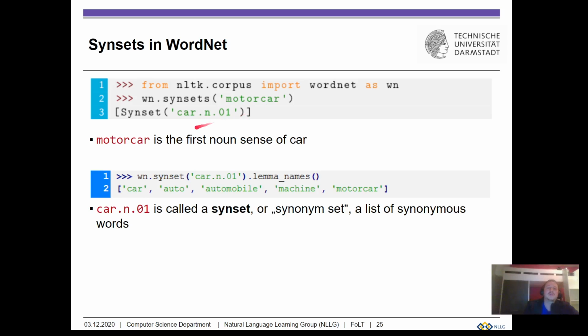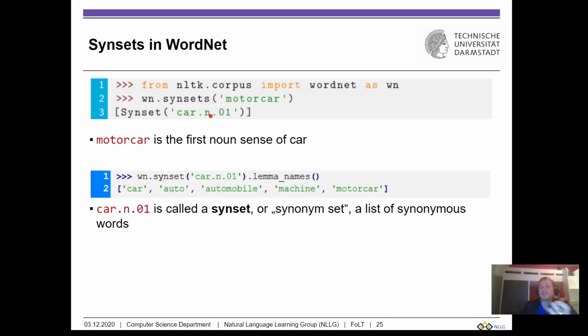In this case, the word motorcar has only one sense, namely the sense corresponding to the synset which is called car.n.01 here. So what does this notation mean? Car is just a convenient form of referring to this synset.